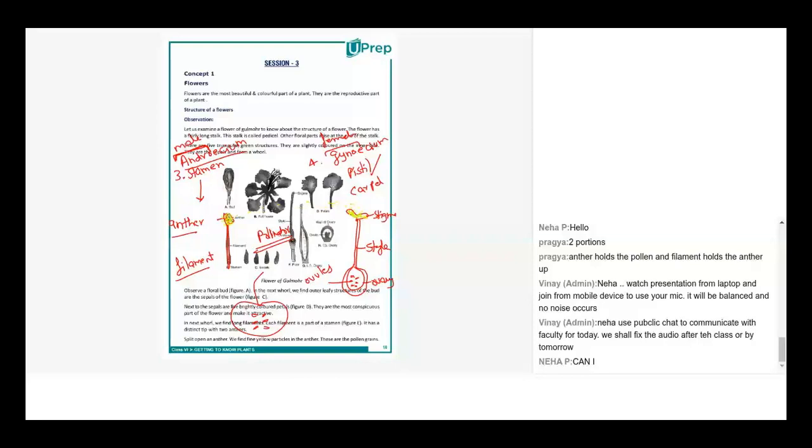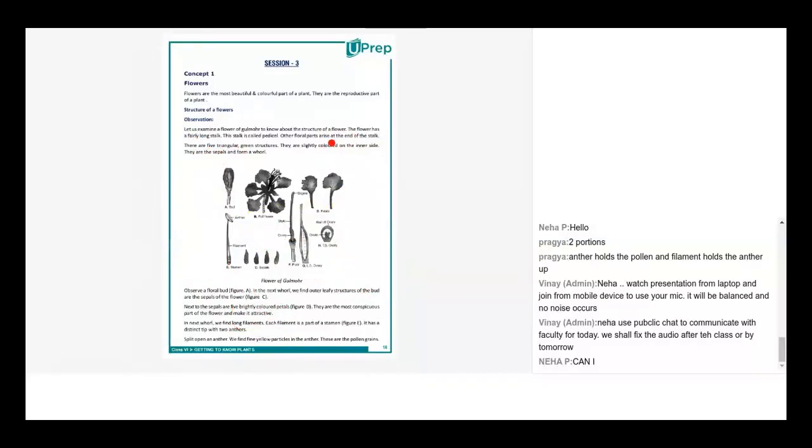Actually, the stigma has something sticky, so the pollen grains will stay there for a while. Excellent. So basically the knob-like structure, the stigma, has certain sticky material in it. Even when you touch it, you can feel it's a little sticky. So once the pollen grains fall on the stigma, they remain here for a few minutes or a few hours, because it is very sticky.